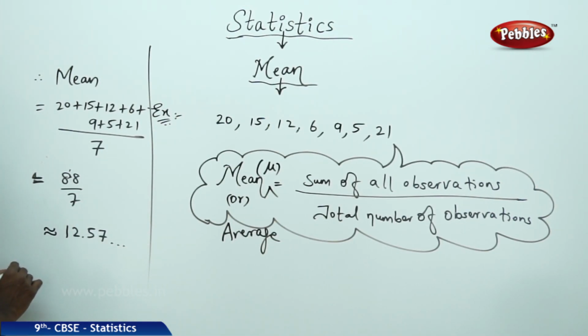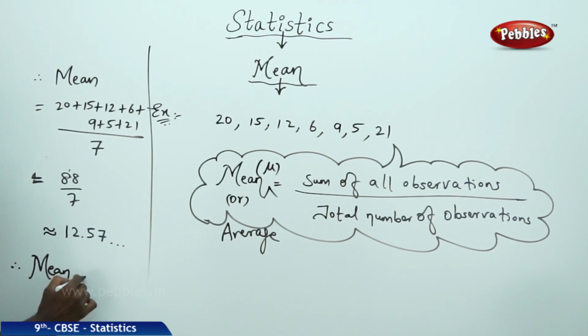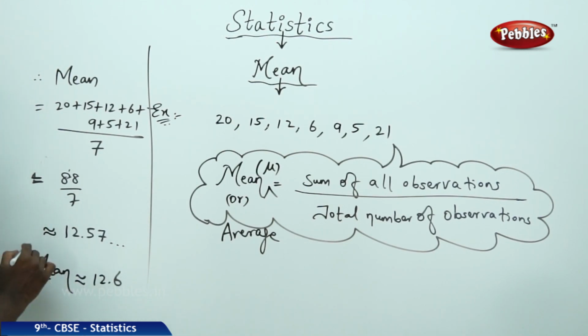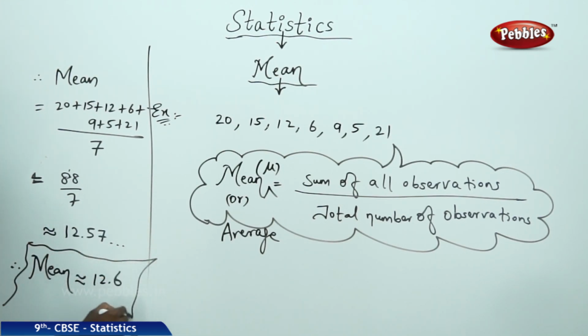Therefore, the mean of the given scores is approximately 12.6 or 13.